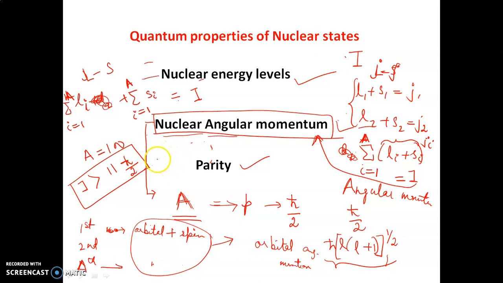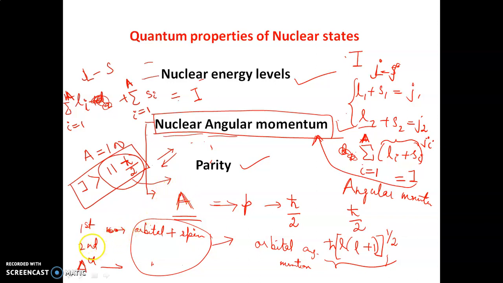If one is aligned this way, the other may be aligned that way, and so they cancel the effect of each other. So this is only the net angular momentum, and that's how this experimental observation was explained.